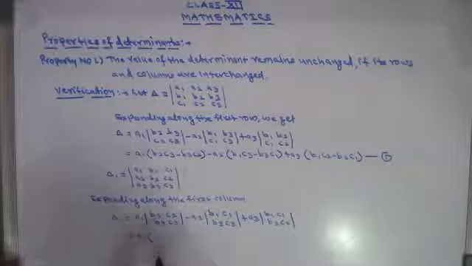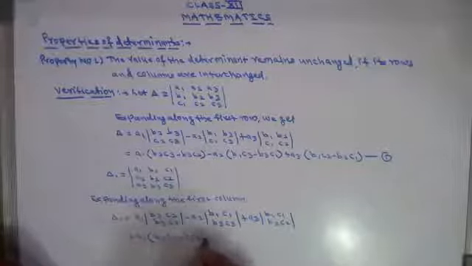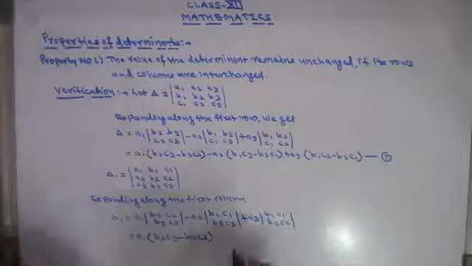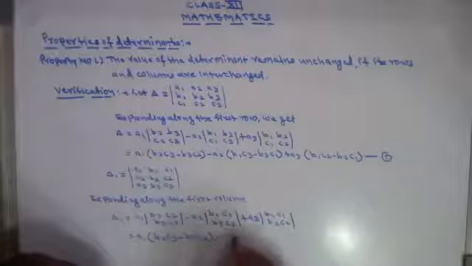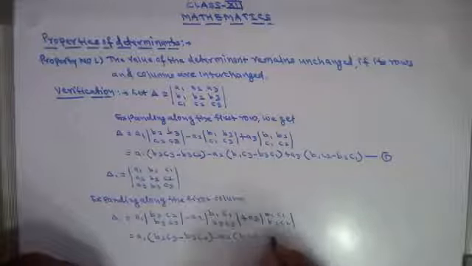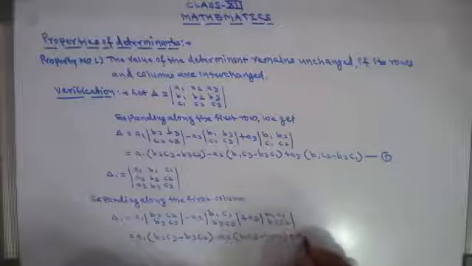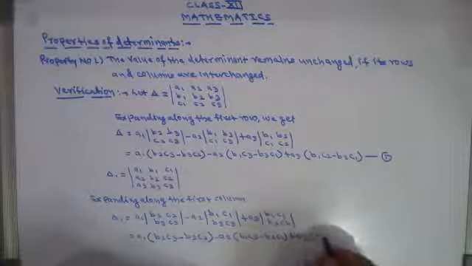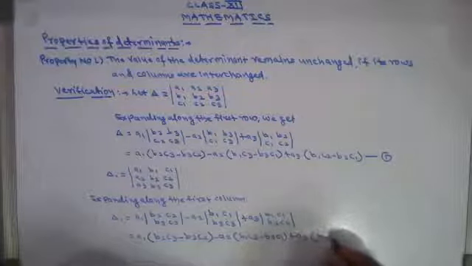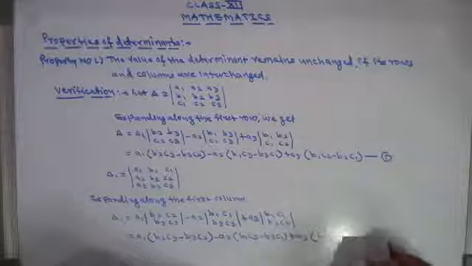So we get A1 into bracket B2C3 minus B3C2, minus A2 into B1C3 minus B3C1, plus A3 into bracket B1C2 minus B2C1.